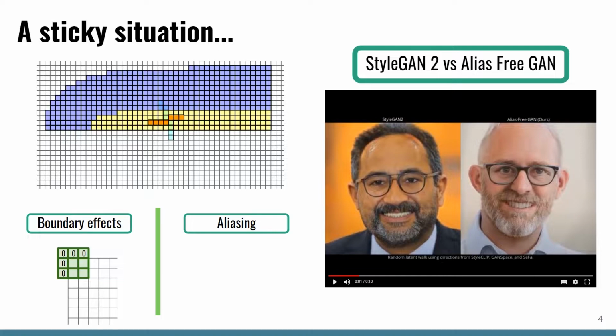The second thing is aliasing, which is a much trickier thing to solve, because it's also a much trickier problem to understand. So let's talk a little bit about it. Aliasing is a kind of sampling error that appears when the Shannon-Nyquist theorem is not satisfied.